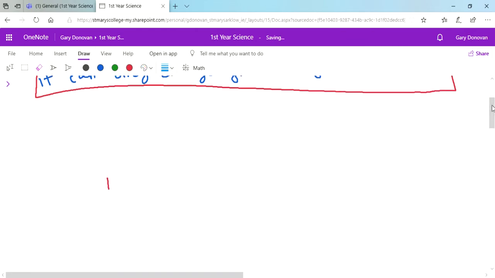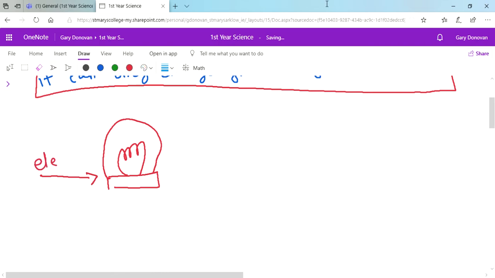So let's just imagine we have a light bulb. Now don't worry if you can't draw as good as me, I know my drawings are excellent. So here we have a light bulb. What type of energy goes into a light bulb? The answer is electric energy goes in. What does that light bulb do to that energy? It changes it.